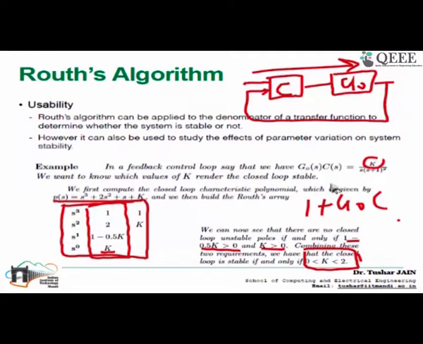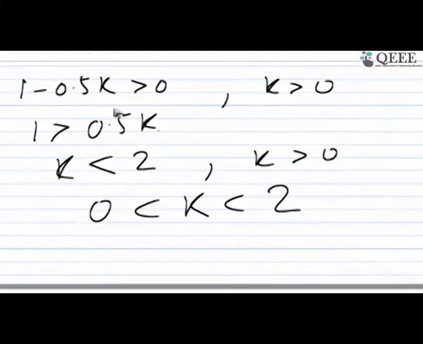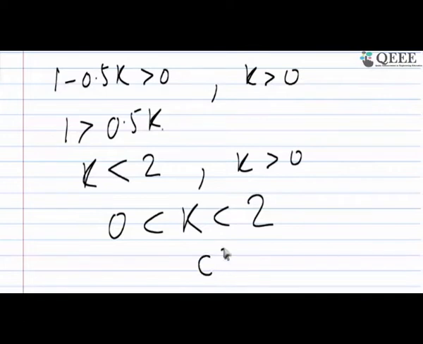Now another interesting thing, if I want to know with respect to the location of the pole itself, so let's say we have C of S, okay, now I know that my K is fixed. Let's suppose I know the K, the steady state gain I know.